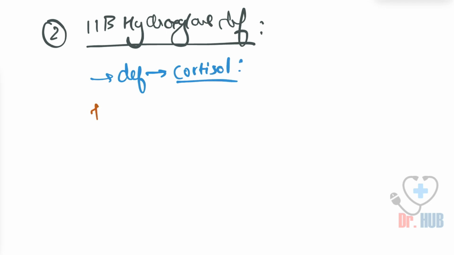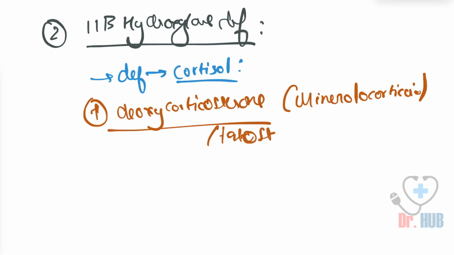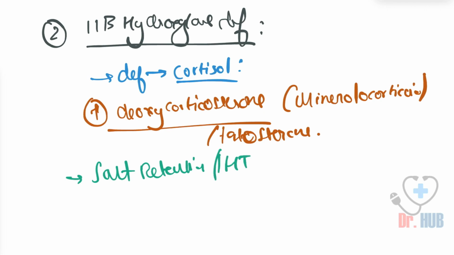And here there is increase in the deoxycorticosterone, which is nothing but the mineralocorticoid, as well as the testosterone. Then there is also the presence of the salt retention and the hypertension.